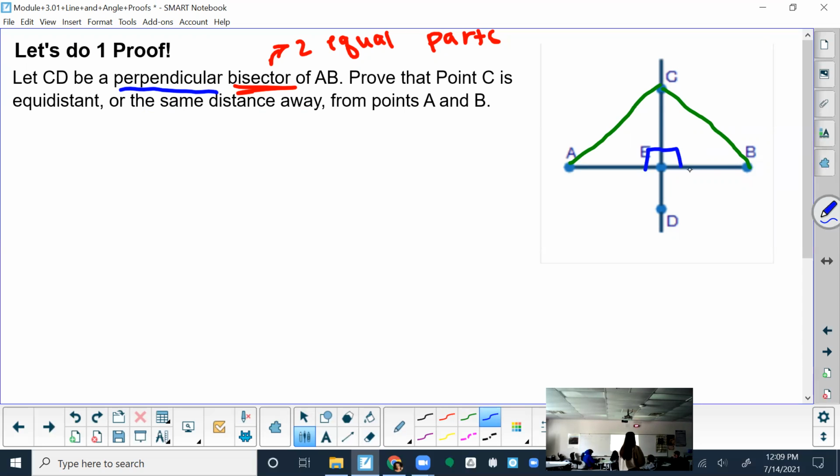Since we know they're perpendicular, I know there's going to be a right angle here and a right angle here. And since this line bisects the other line, I know that these lines are going to be the same distance. Keep that in consideration. That's what the instructions tell us. Questions so far?